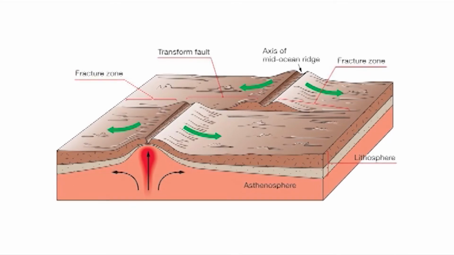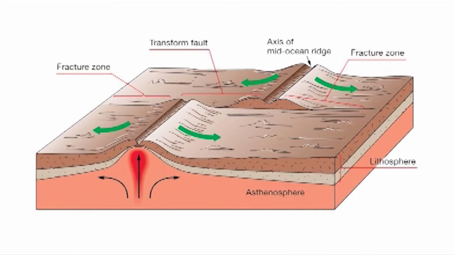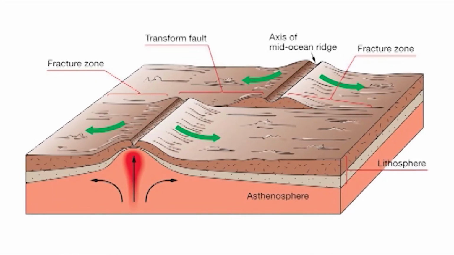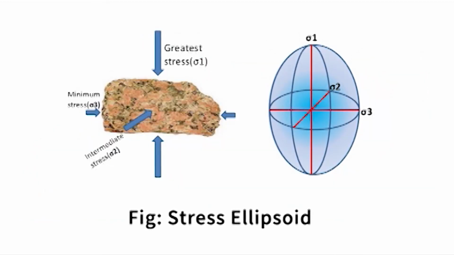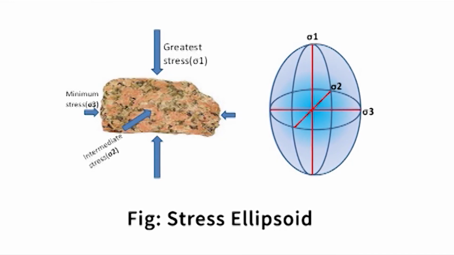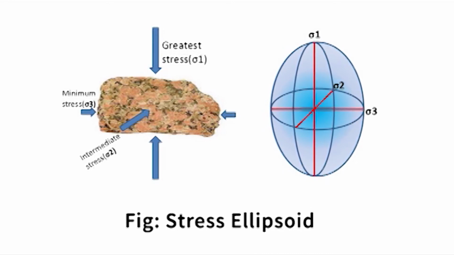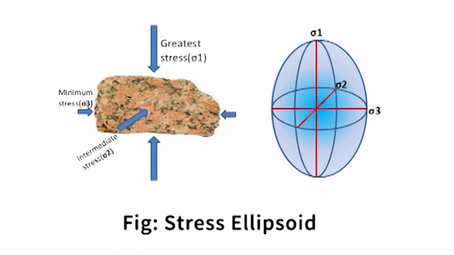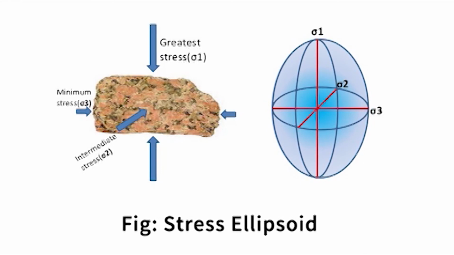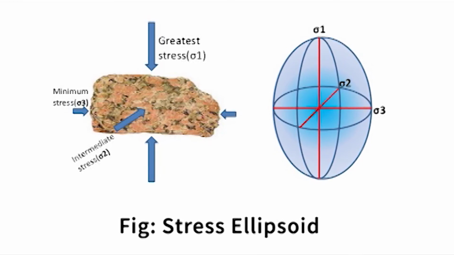Now, different types of stress conditions are responsible for the development of faults. At the time of the development of the fault, the three axes of the stress ellipsoid are the greatest principal stress axis, the intermediate principal stress axis, and the least principal stress axis. They are represented by the symbol epsilon: epsilon 1 is the GPSA, the greatest principal stress axis, epsilon 2 is the medium principal stress axis, and the LPSA is represented by epsilon 3. These are the three terms used.